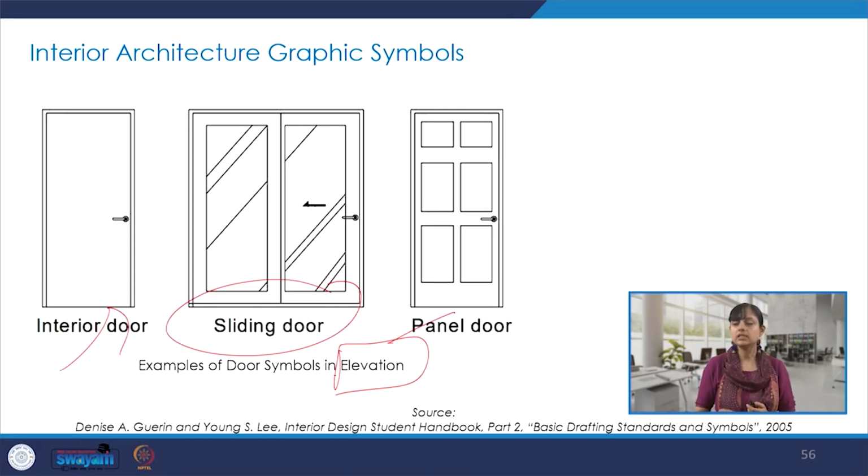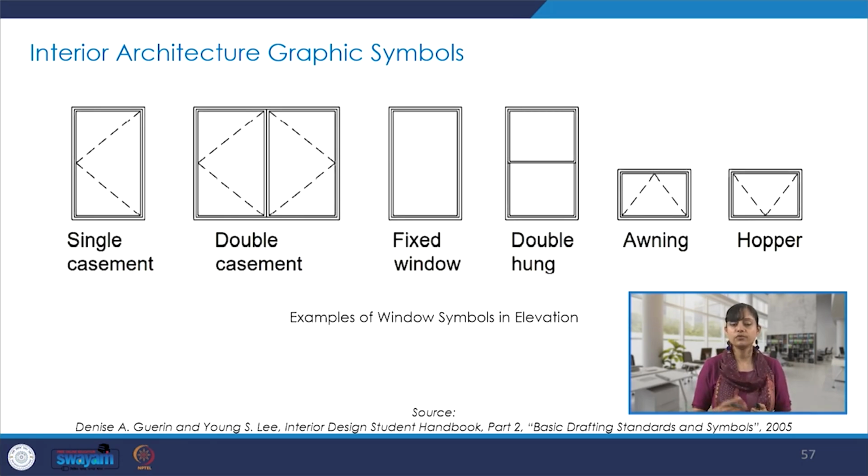So we see them in elevation, plan, section, all three media, and then we try to understand graphically how can we represent these interior architecture elements through symbols, and we can superimpose them on our technical drawings and showcase these details. More of these, so single casement, double casement, and how do we open, where does the opening go, inside or outside, show that with the dotted lines.